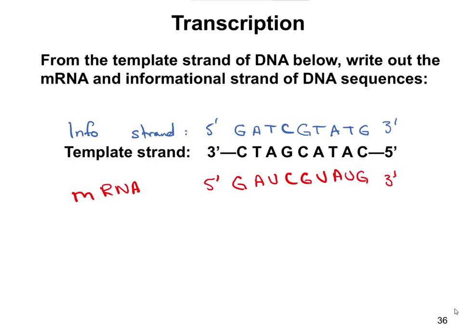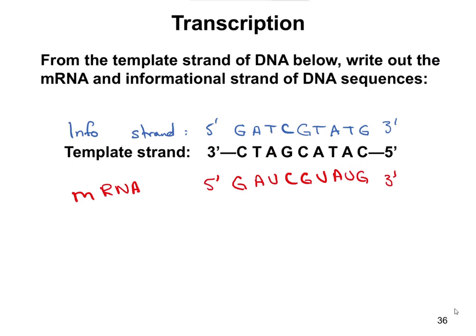So the one thing that you can notice from all of this is that your messenger RNA strand and your informational strand are almost identical. The only differences are wherever you have a T in the informational strand, you're going to have a U in the messenger RNA. Other than that, the informational strand and the messenger RNA are the same.